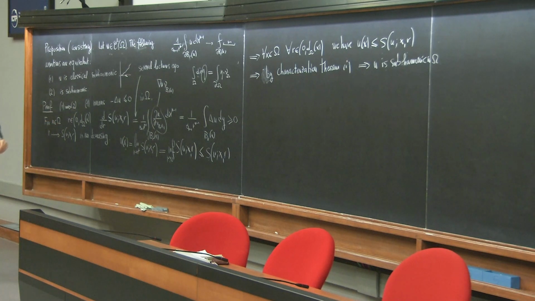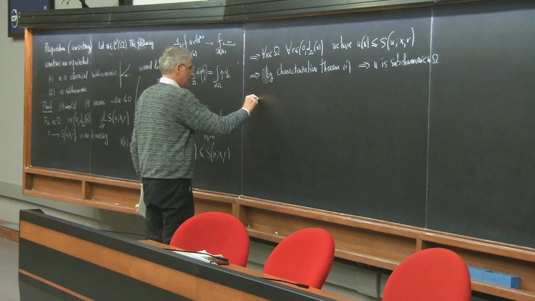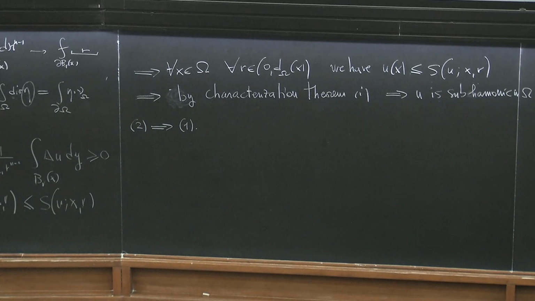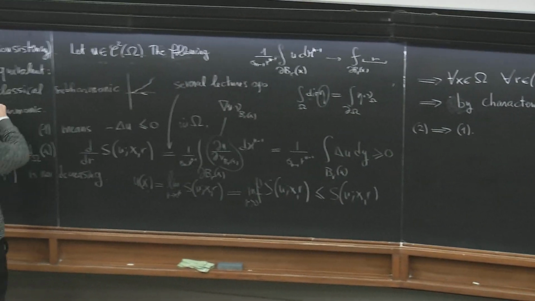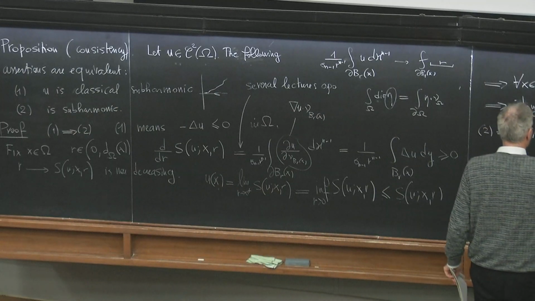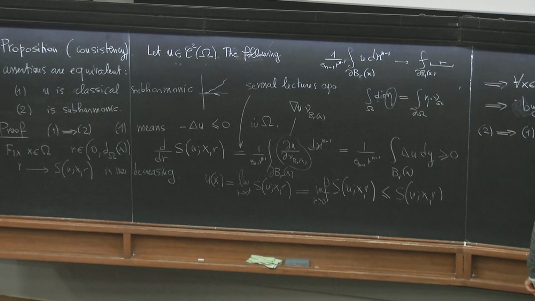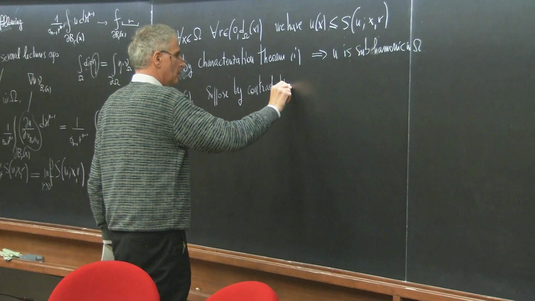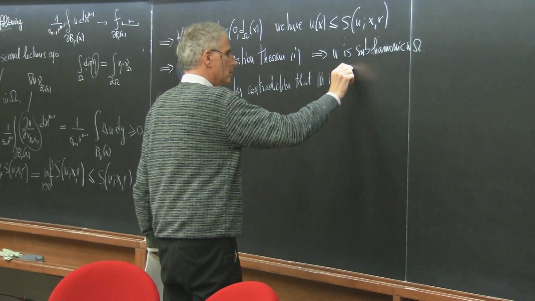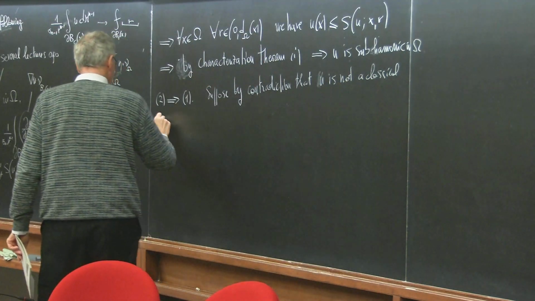Yes, yes. Okay. So now let us show that 2 implies 1. Suppose, so we know that u is subharmonic, and suppose by contradiction that u is not a classical harmonic function.